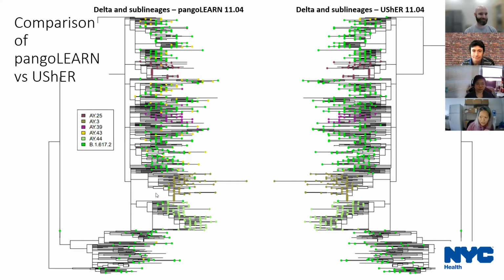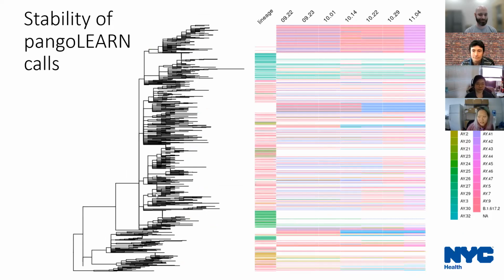So this is the same tree on the left, and on the right is a sort of categorical heat map. Each color is a lineage call, and if a lineage call doesn't change from when we started running the analyses, the left column will just show that it's static, and then on the right hand you see a new lineage call for each time that we ran it. You can see there's a significant portion of samples that get reassigned, which we would expect some amount of, because as more sequences come in, certain new lineages get called.